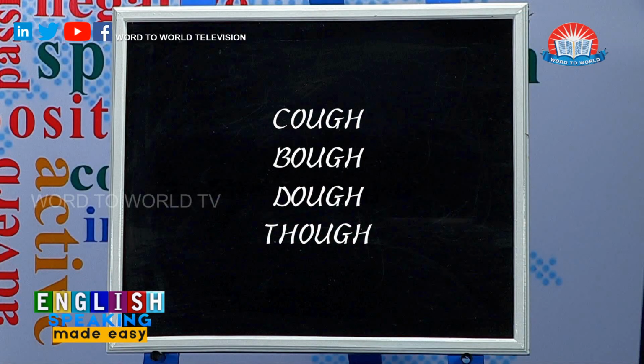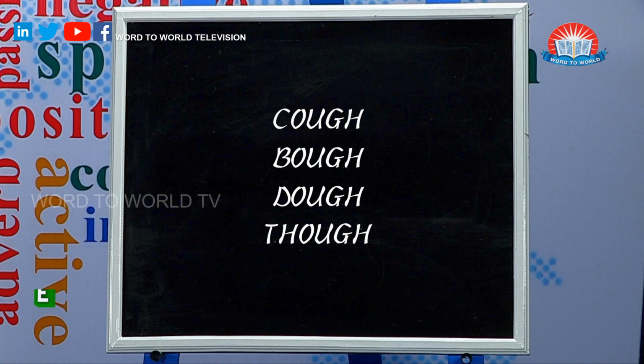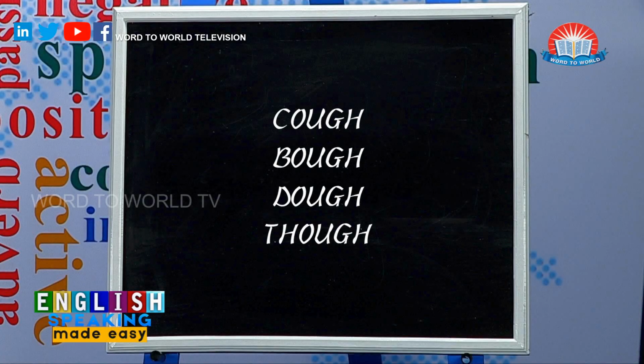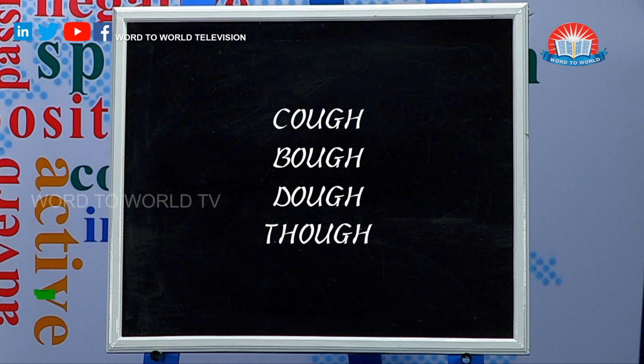So among these 4 words, which is the word which is pronounced differently? I'll start from the last word, T-H-O-U-G-H. It is "do". And the word above, D-O-U-G-H. It is "do".